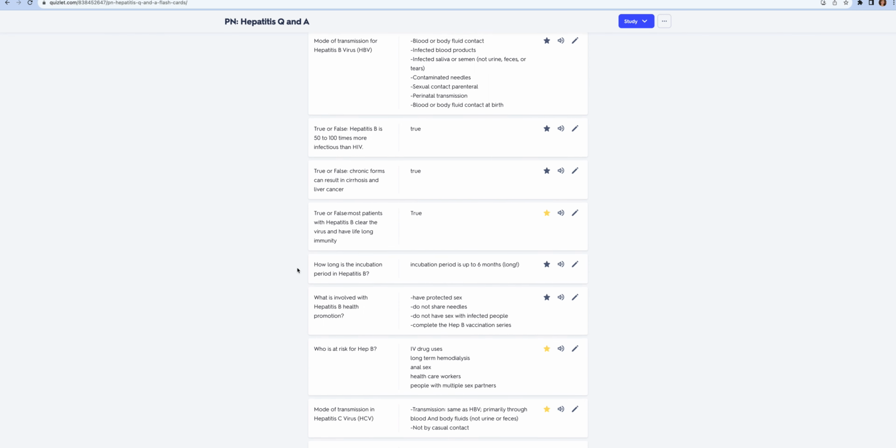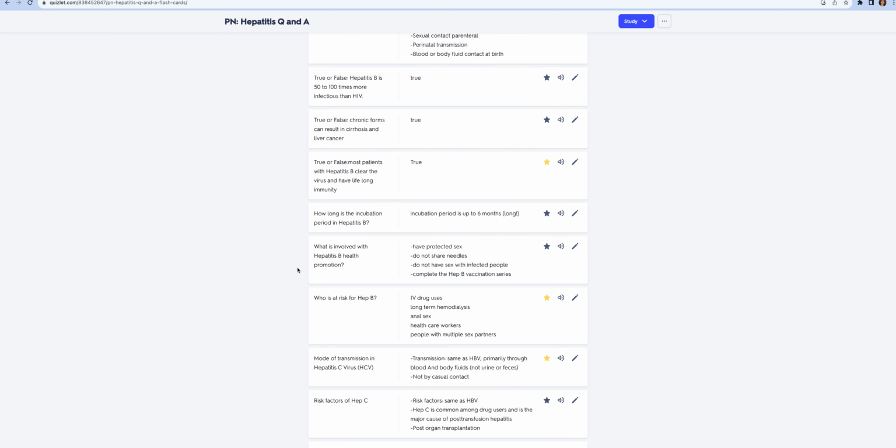So the incubation period for Hep B is 6 months long. So in other words, they get it, they don't have symptoms for 6 months, and that's a problem. So in Hep B health promotion, you want to tell people to have protected sex, not to share needles, don't have sex with infected people, and complete the Hep B vaccination series.